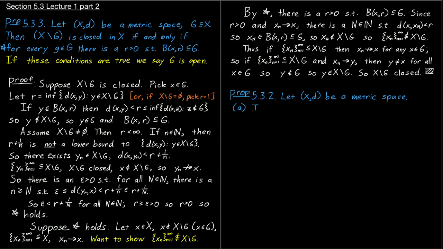And then, first off, if F1, F2, up through Fn are finitely many, I want to emphasize we've only got finitely many of them, and they're all closed subsets of X, then their union is closed.